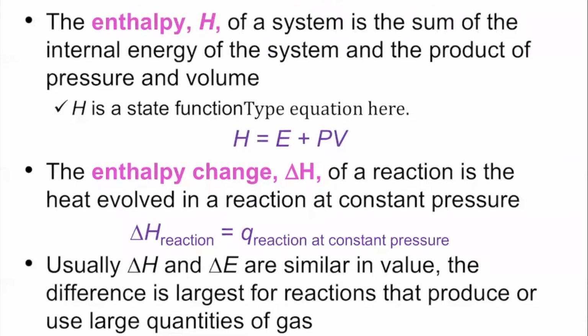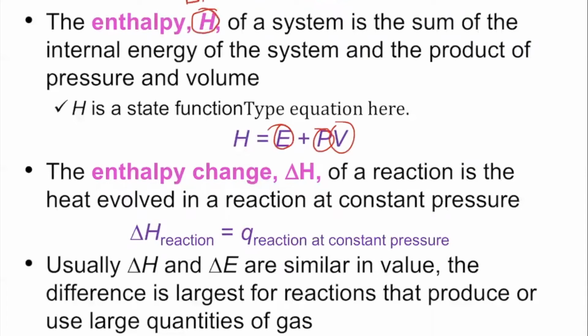Now, we're going to be discussing enthalpy, which is represented with a capital H. It's a state function, which means delta H is a state function that relates the internal energy, pressure, and volume.